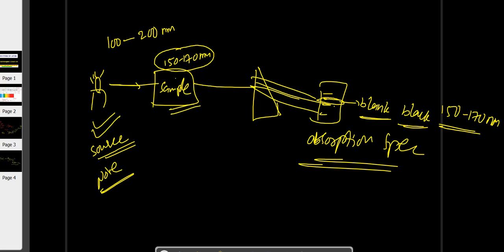The remaining light only gives the colors. That's why here the maximum is colorful, and some dark lines are there, a few dark lines which belong to this absorption.